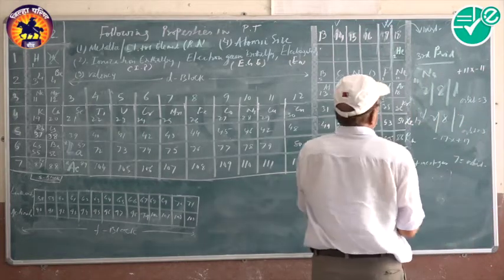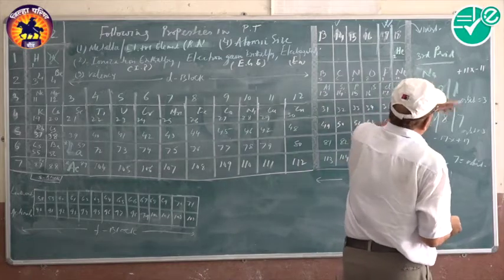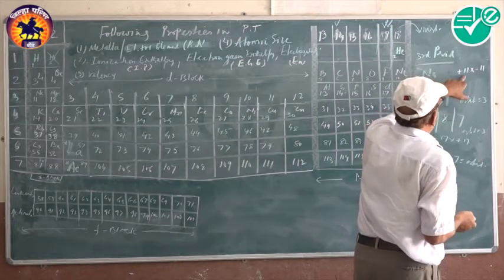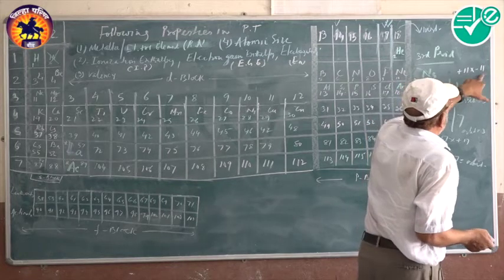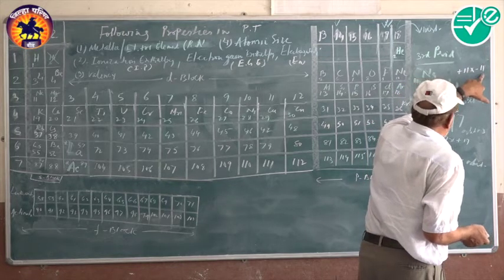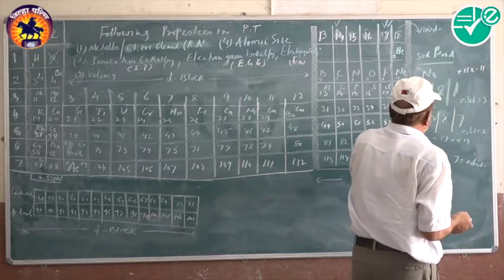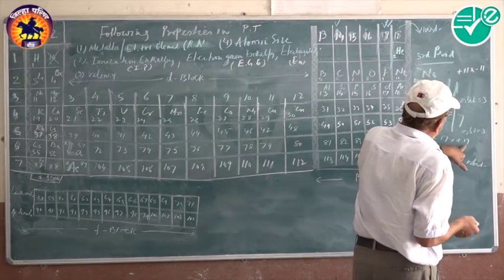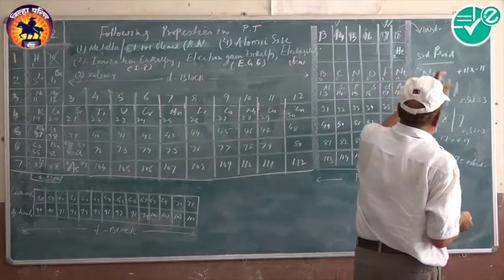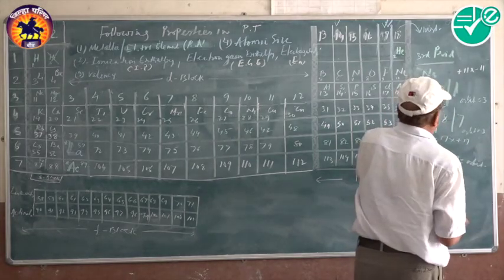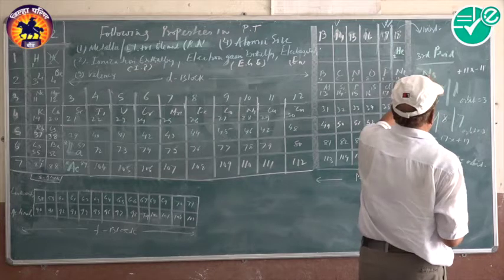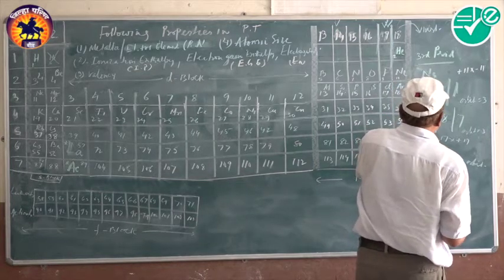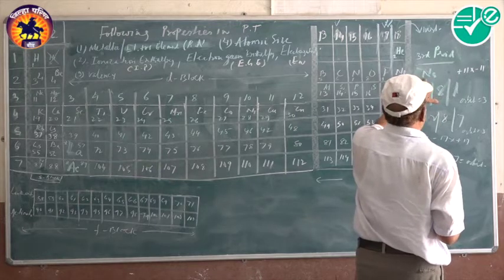See, in case of sodium and chlorine, both have 3 orbits. But in sodium, proton is 11 and electron is 11. In chlorine, electron is 17 and proton is 17. Force of attraction is more in chlorine than in sodium. Therefore, size of chlorine is smaller than size of sodium.